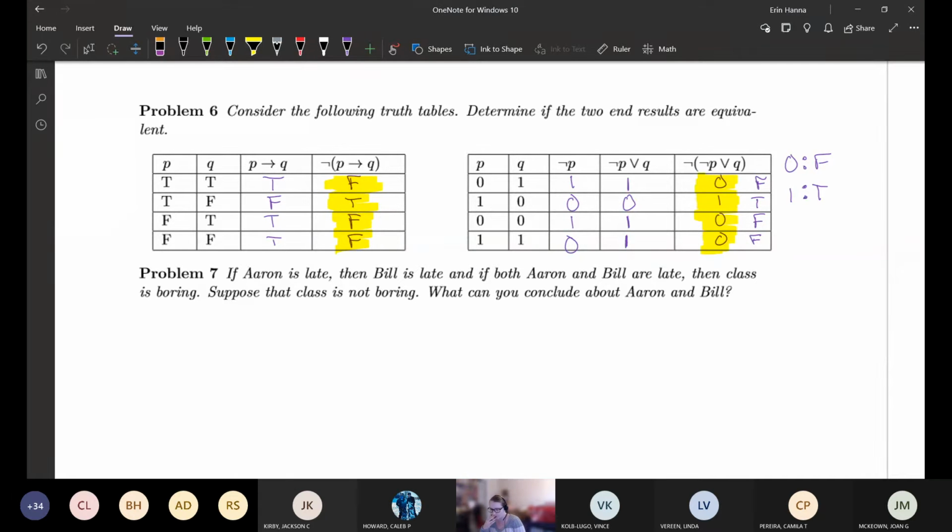Note that if you were just going off of this last column, it would look like false, true, false, false, and it would look like they match, right? But what past me did, really tricky, is notice that they actually set up the original P and Q differently. So if I change these to trues and falses, I'd have false, true, false, true, true, false, false, true, which is not the correct setup here.